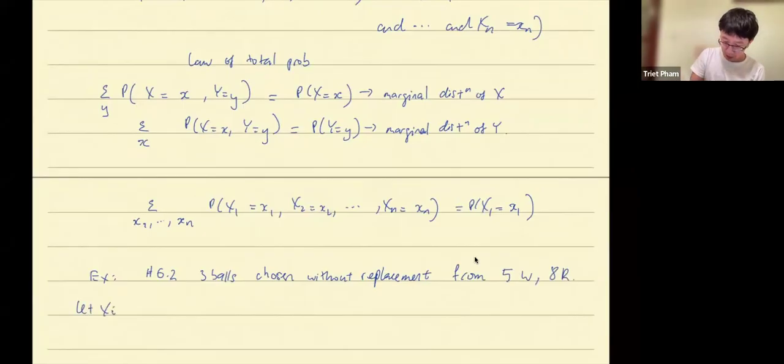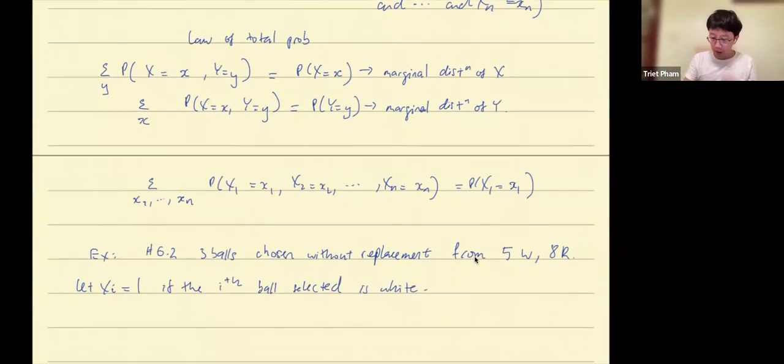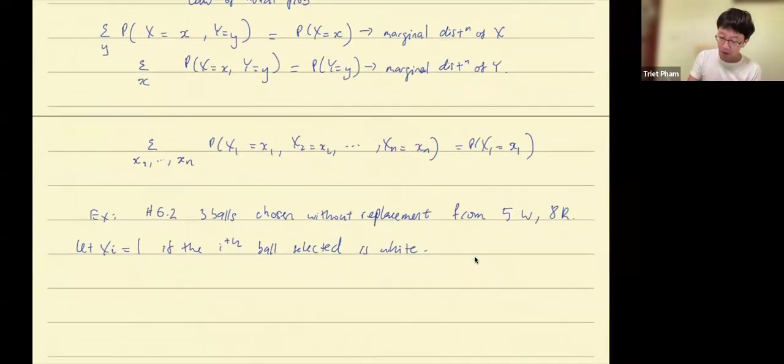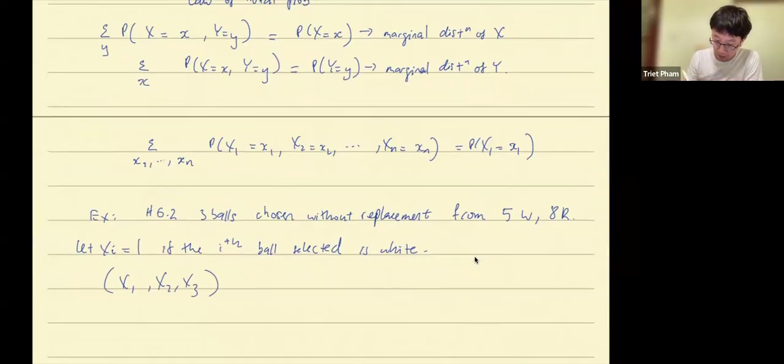Let Xi be 1 if the ith ball selected is white, and 0 otherwise. So potentially your x1, x2, x3 as a vector, as a joint distribution, will take values where each of these can be 0 or 1.